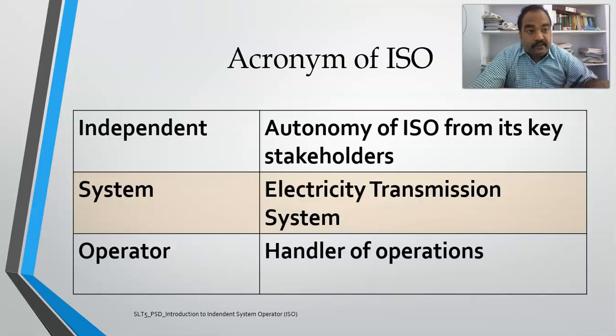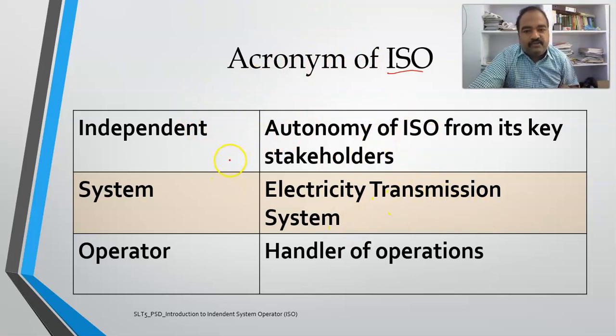Starting with the introduction of independent system operator, as we have already seen in the previous classes, the term ISO, where I stands for independent, which the name itself indicates is an autonomous body, independent of the key stakeholders: GENCOs, TRANSCOs and DISCOMs.